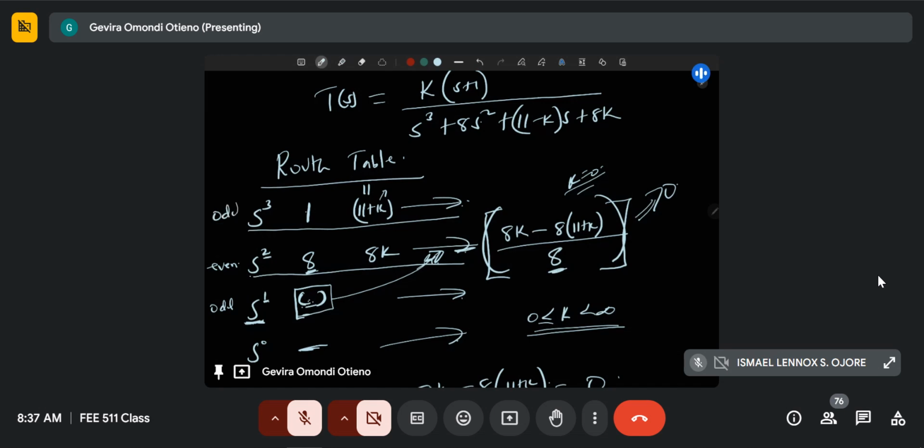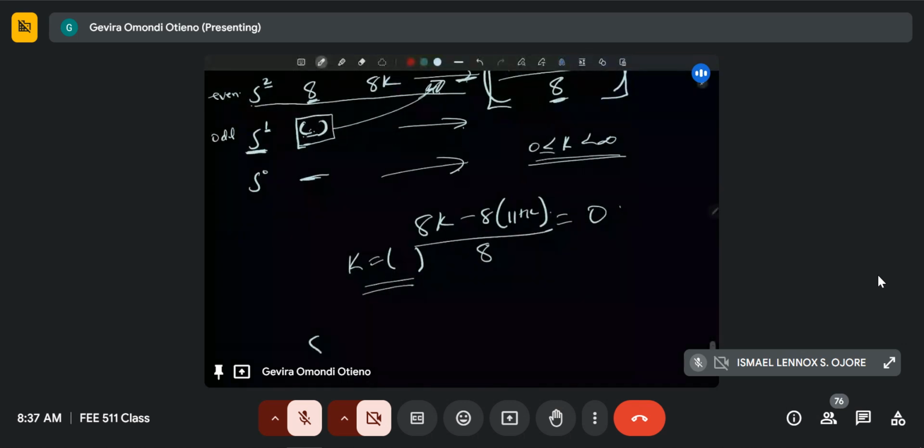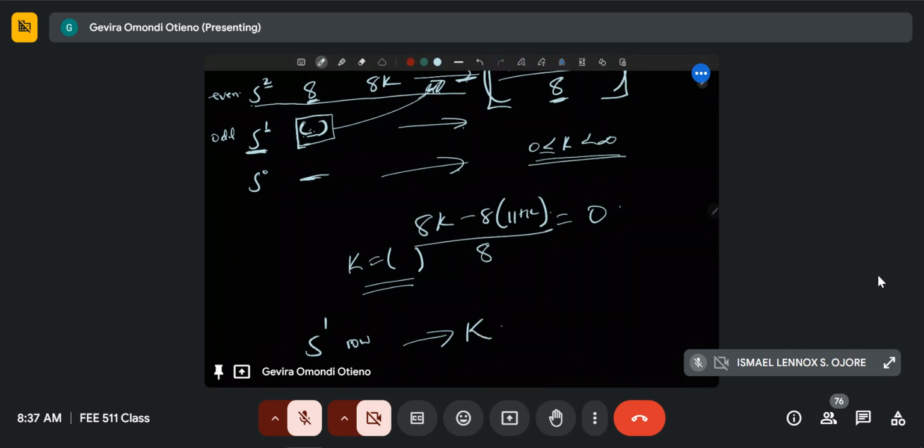This other one is an odd row because of that power. So the rule says that to obtain the J omega axis crossing, you have to look at the row above the one where you obtained k. We obtained k at the s to power 1 row. This is what gave us the value of k. So we have to look at an even row that is above s to power 1.